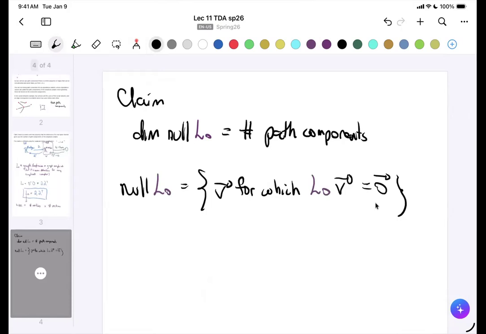A vector is in the null space if it solves the homogeneous system. That was the condition for being in a null space.